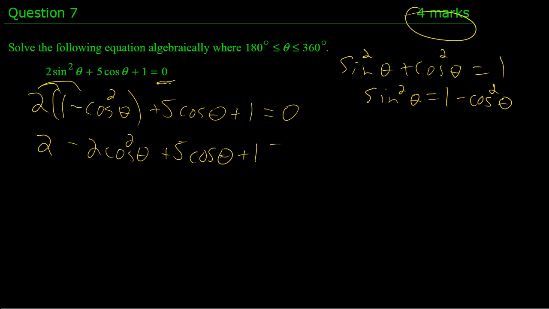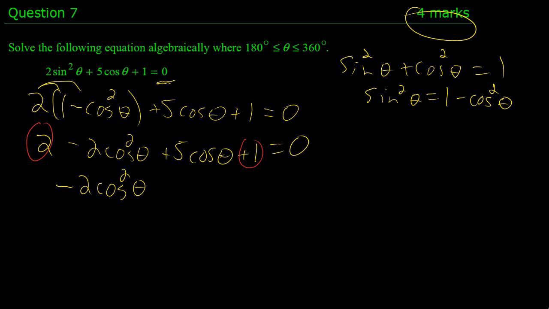plus 1 equals 0. So I'll just group my like terms here, put my quadratic in front. Minus 2 cos squared theta, first of all. Now I'll group the 2 and the plus 1. That's going to add up to give me a 3 in the end. But I'll put my cos in the middle.